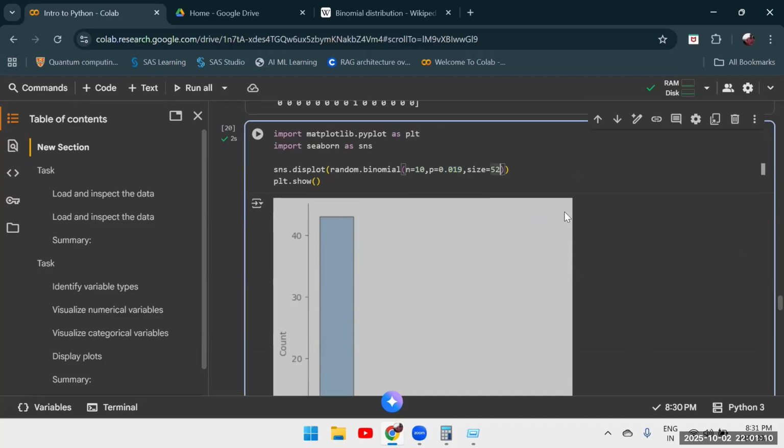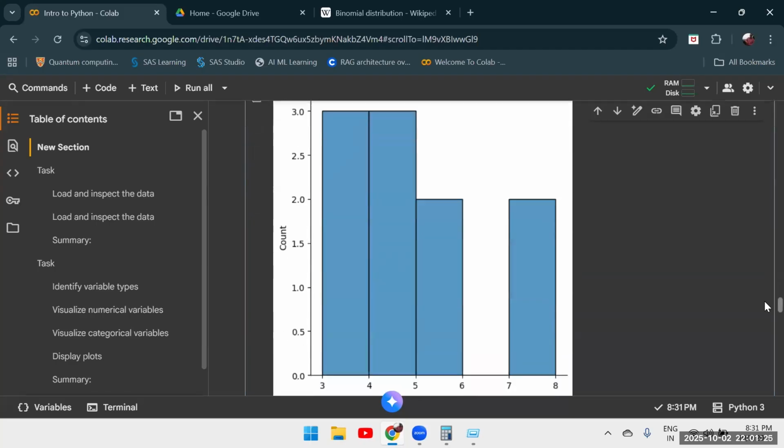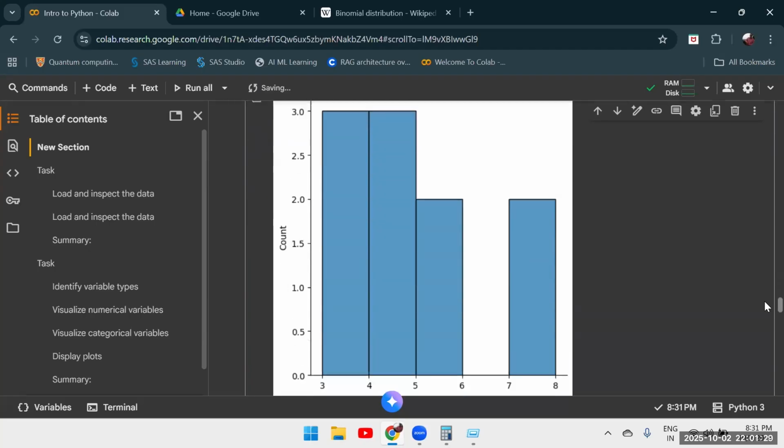If I'm taking a coin toss, which will be 0.5, it shows me higher probability, with higher chances at the third, fourth, fifth, sixth, seventh and eighth.